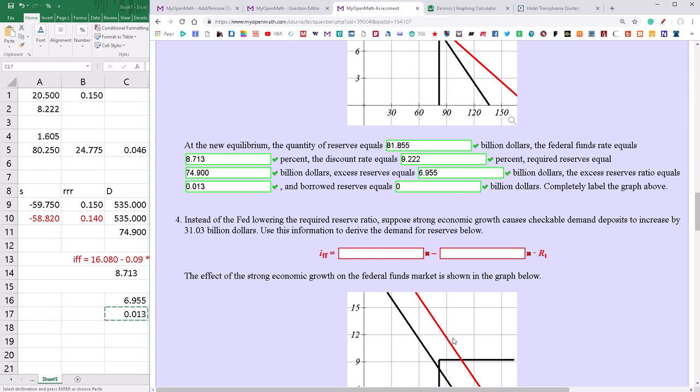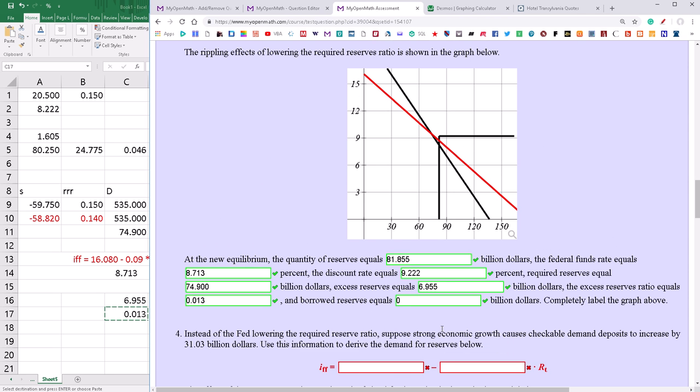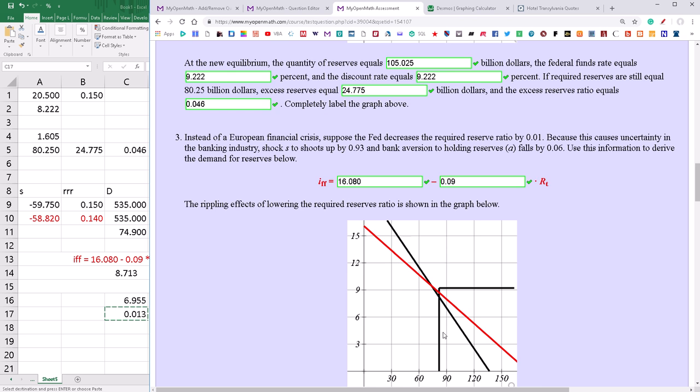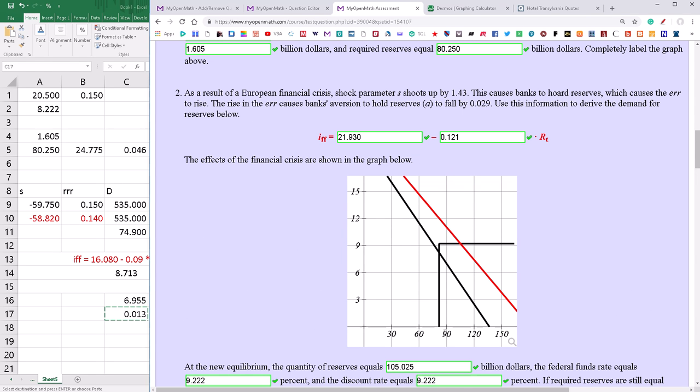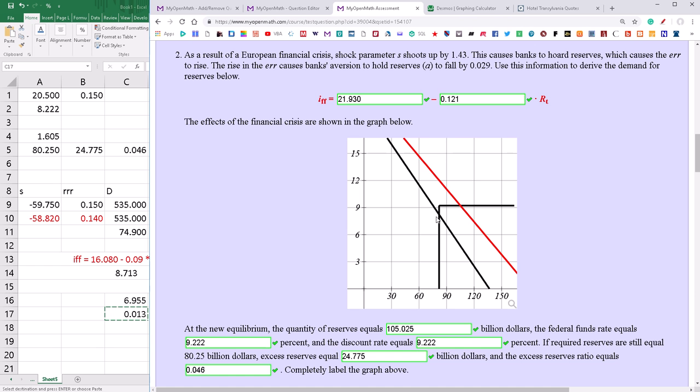Okay, so that's what happens when the Fed changes, or when up here we had a financial crisis, which puts the federal funds market in what I call emergency mode. The Fed has to make emergency discount loans in the amount of this vertical value here.